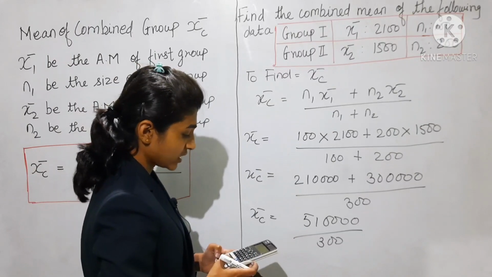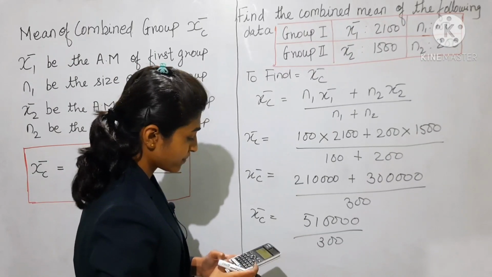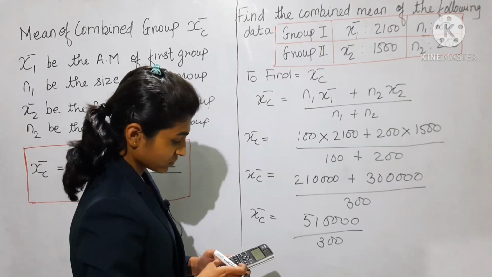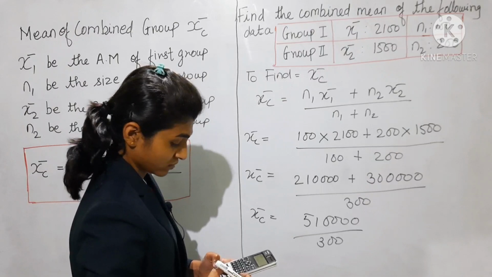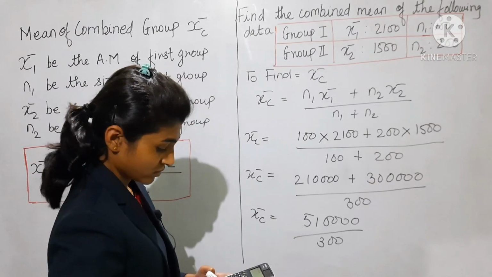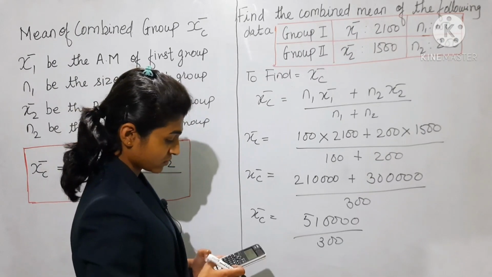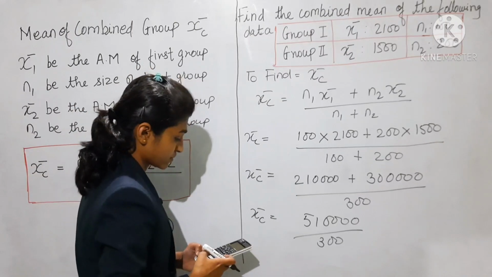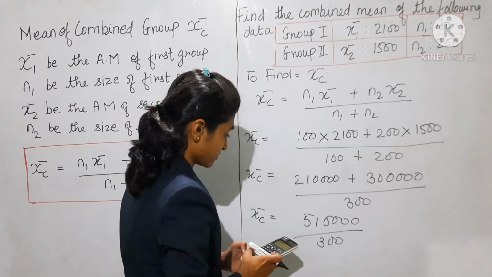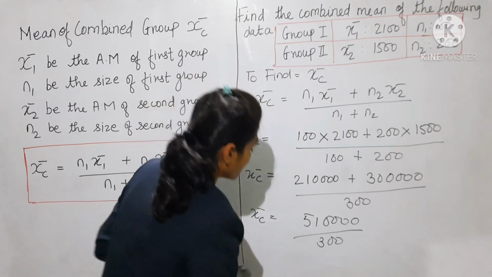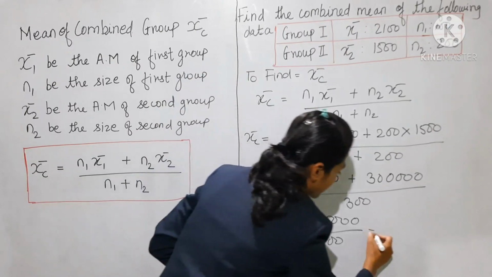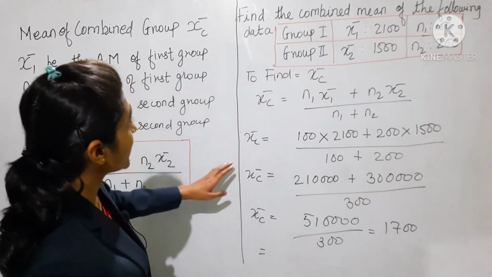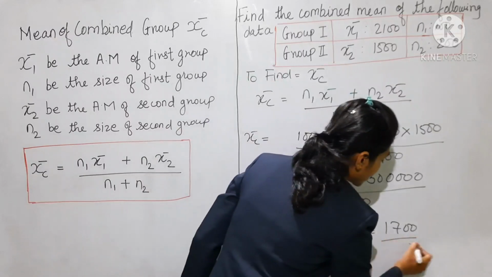Dividing by 300, we get 1700. So the arithmetic mean of combined group 1 and group 2 is 1700.